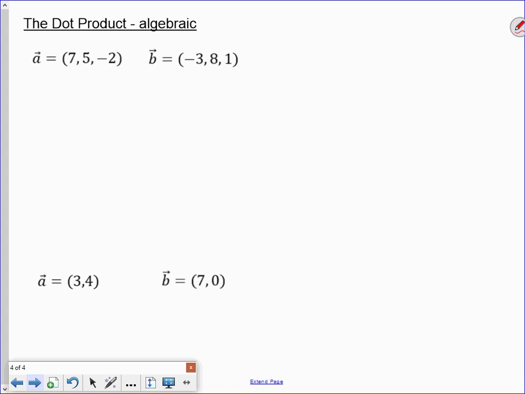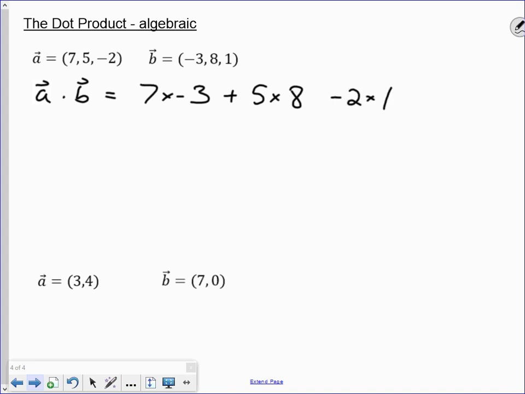To do the dot product of these two, A dot B, I'm going to look at my x components, 7 and negative 3, and multiply them together. To this, I'm going to add my two y components, so 5 and 8 multiplied together. And then I'm going to take my two z components, multiply them together, so negative 2 times 1, and add that on.